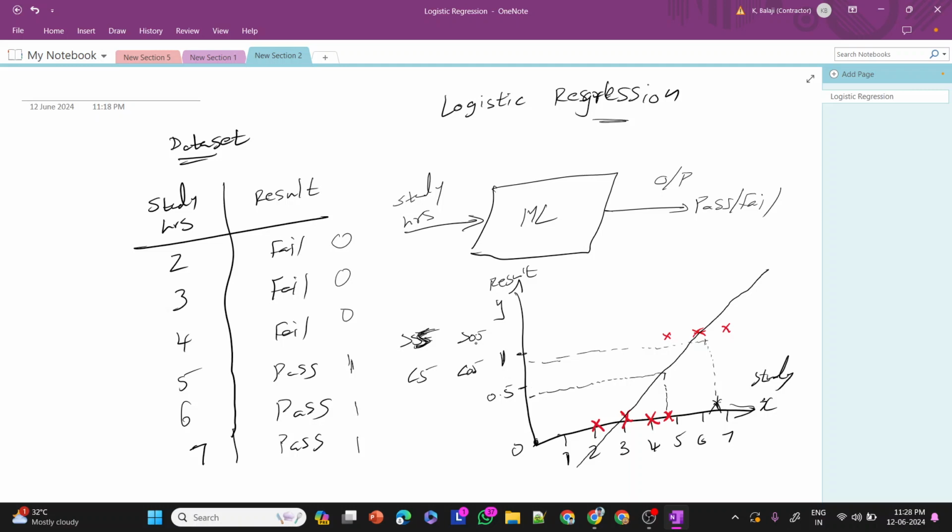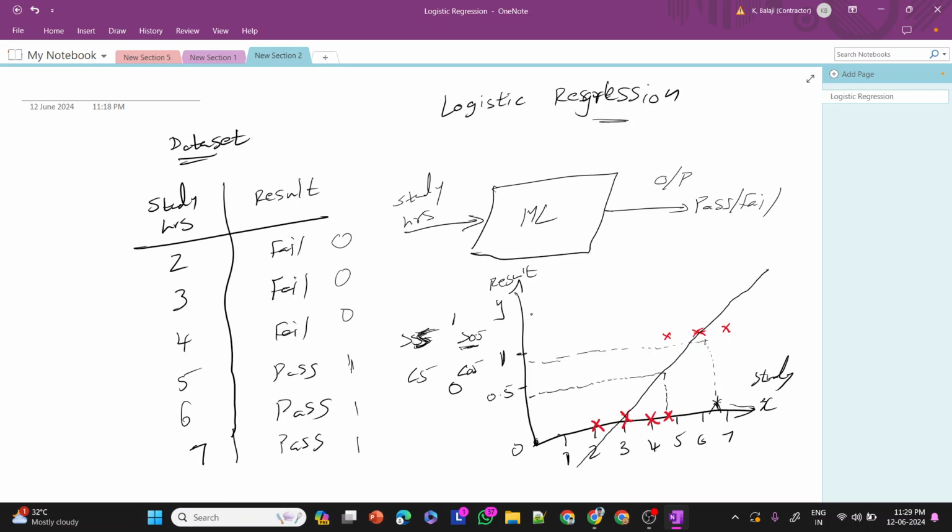Okay, let's consider that whenever the output is greater than 0.5, we treat the output as 1, and whenever the output is less than 0.5, we treat the output as 0. By using this condition, we can classify whether the person fails or not using this linear regression.